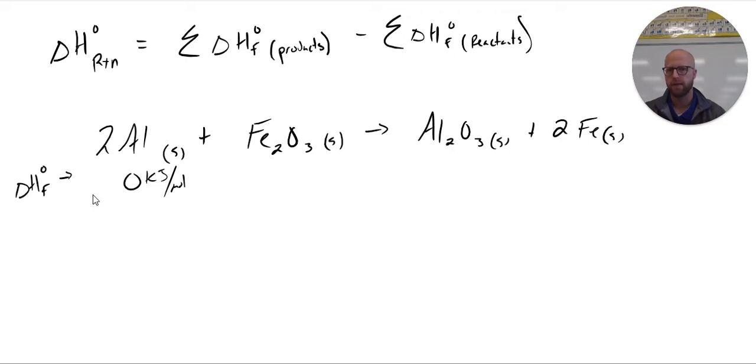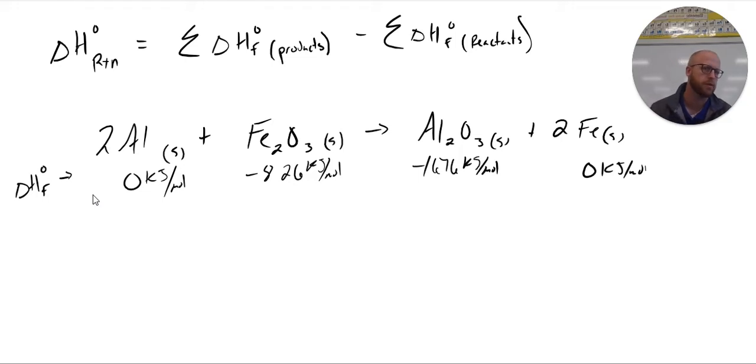The delta H of formation for iron 3 oxide is negative 826 kilojoules per mole. Aluminum oxide is negative 1676 kilojoules per mole. And then again, we have iron in its elemental form, so this is going to be 0 kilojoules per mole. Okay? And if we remember, all these delta H of F's are found in tables. Okay, so these are references that we looked up or can look up.